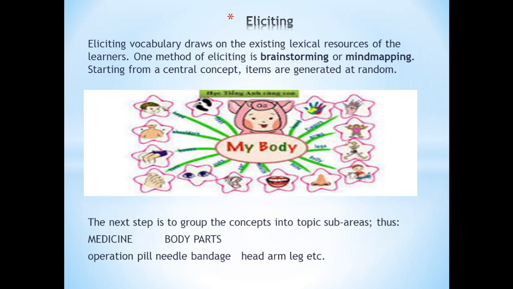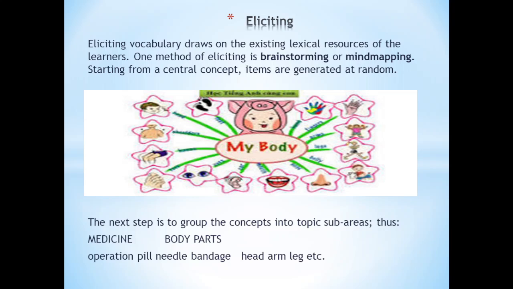Eliciting. Eliciting vocabulary draws on the existing lexical resources of the learners. One method of eliciting is brainstorming or mind mapping. Starting from a central concept, items are generated at random. For example, here the topic is my body, and you can ask students for several words.